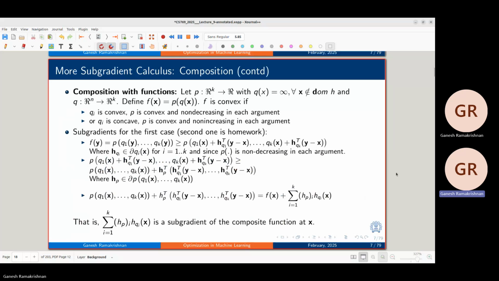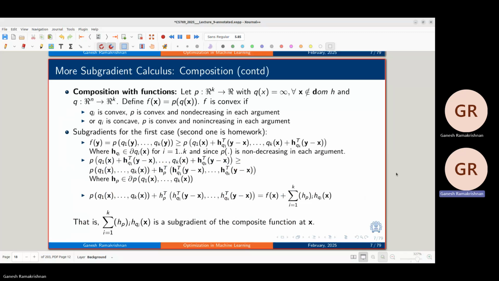In the interest of time, it's a very simple thing. You want the HQIs to be syntactically dominating because you want it to be in Rn. Just take the ith component of HP. That's what is happening here.